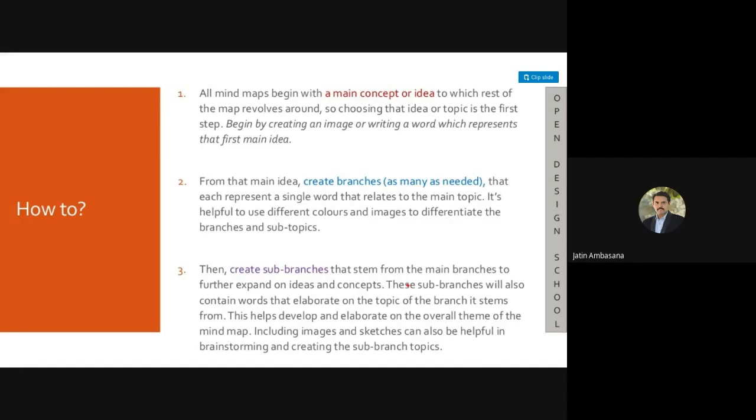These sub branches will also contain words that elaborate on the topic of the branch they stem from. So these are elaborations of the main topic. Understand? It helps you to develop and elaborate an overall theme of the mind map.